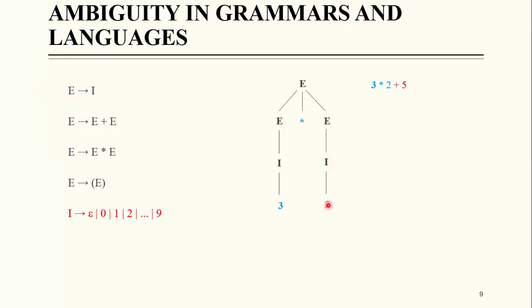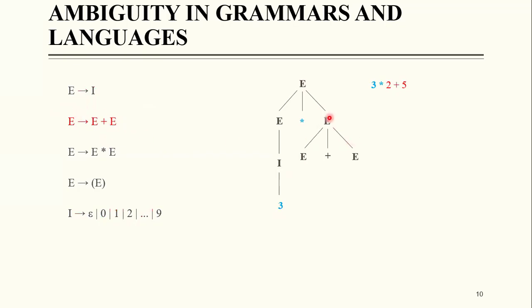Again here also I received 2 at the end, so I cannot do further iteration or further construction of the parse tree. So I go back to I, and I go back to E, and again I replace this E as E plus E by using the given production of the given grammar.